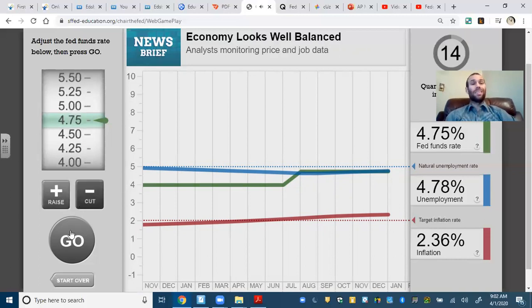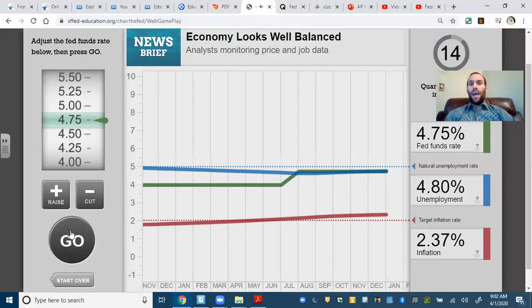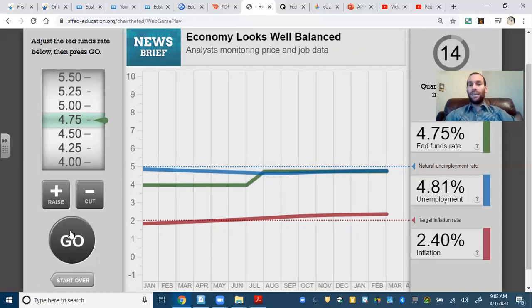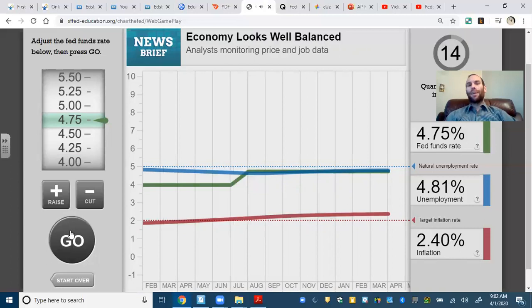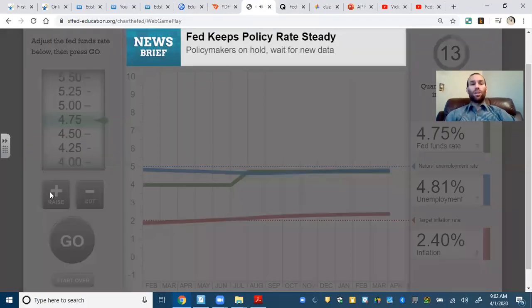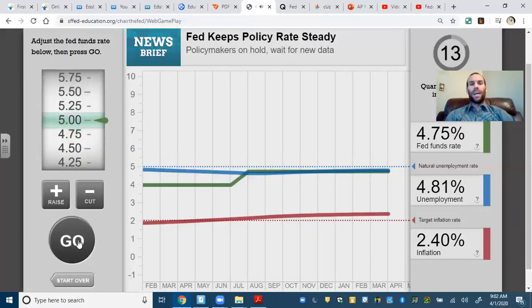So I'll leave it again where it is. And you know, it's 3.7, 3.9, 4. I've got good control. I might even want to go ahead and give it another nudge down because I flattened it out. I'm moving at hundredths of a percent, and I'm sure it would go down now.